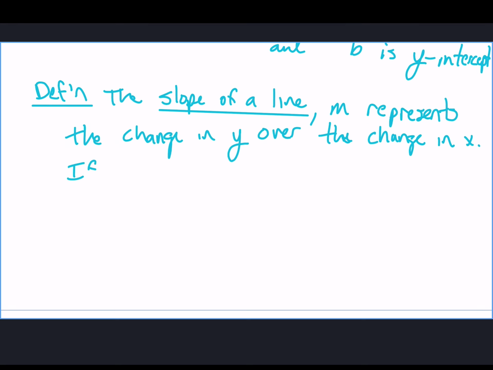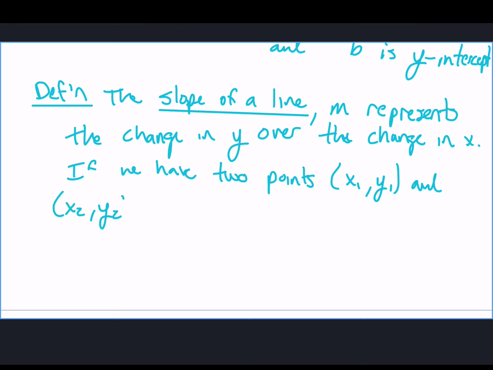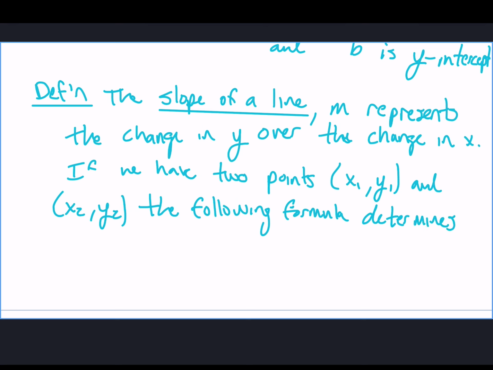So, if we have 2 points, x1, y1, and x2, y2, the following formula determines the slope of the line containing the 2 points.